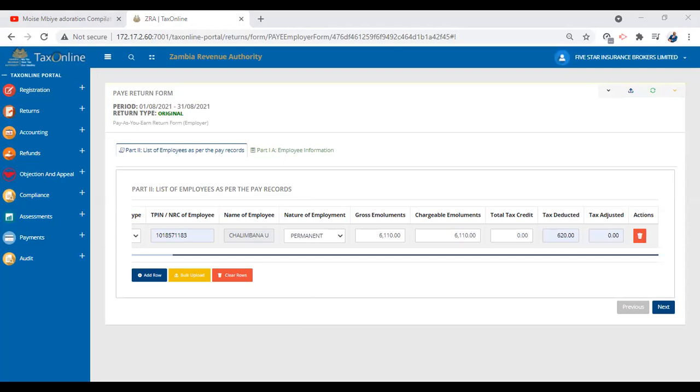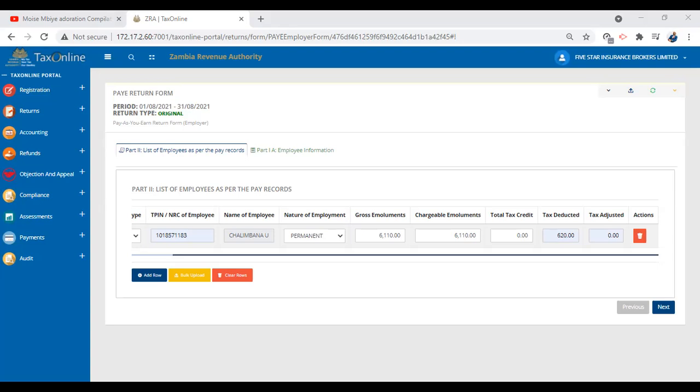If you choose to use T-pins, you type in T-pins for everyone. If you choose to use NRCs, you type in NRCs for everyone. Then the names will self-populate once you key in that information. Then the employment nature, here you type.